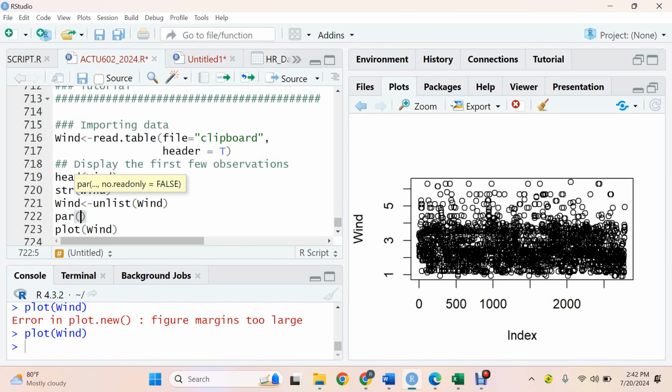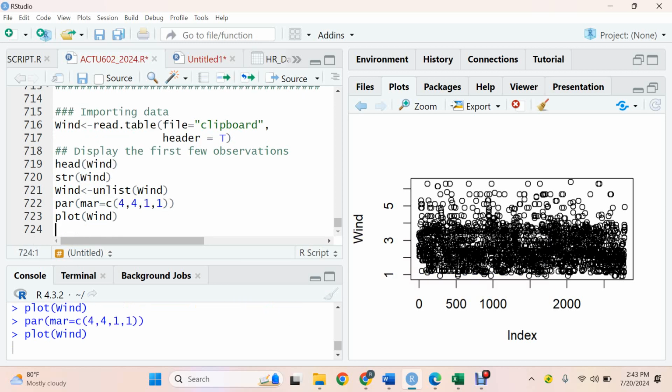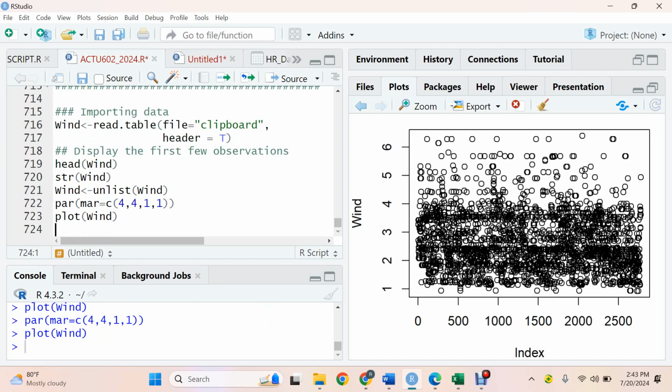Maybe I need to check the margins just so it's okay. Yeah, so wind and then index. Okay, so basically, if you look at this, we have about 3,000 there, or maybe more. Yeah, okay. So that's it.